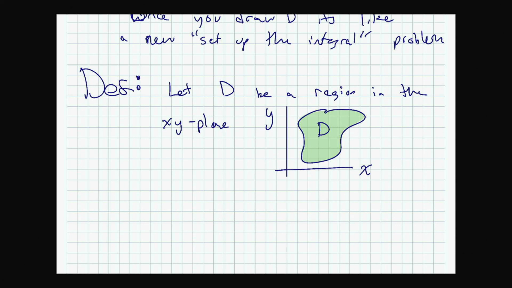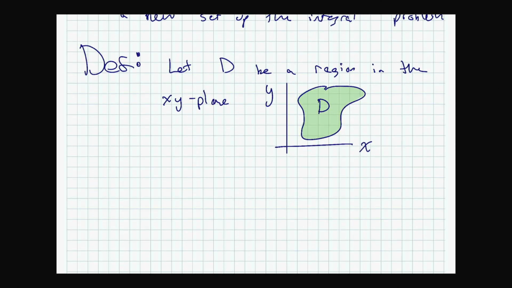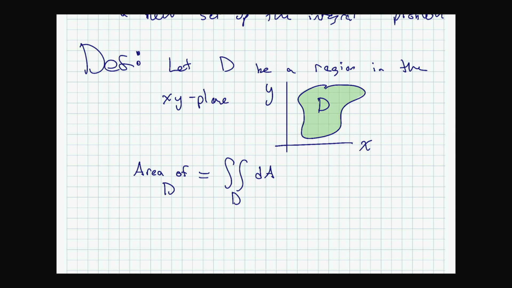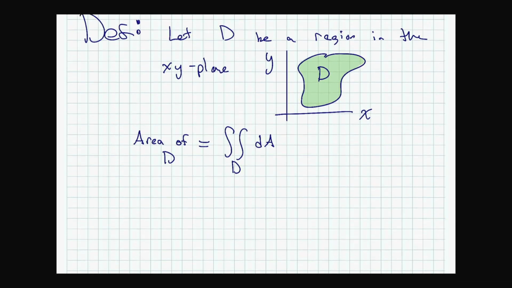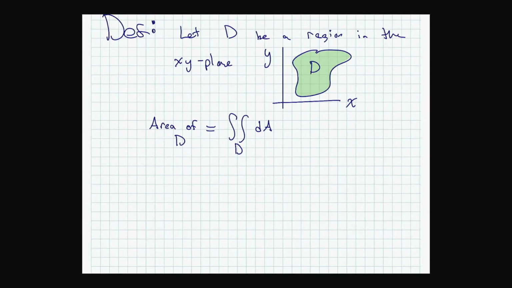Okay, so you've got a region in the xy plane, and the area of D is the double integral over D of just dA, or 1 dA. So if you just leave out the function, you're actually calculating the area, right?